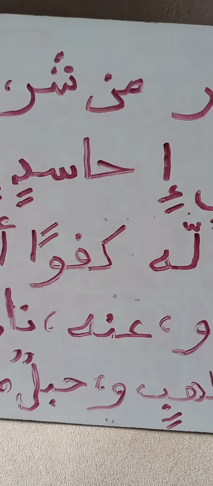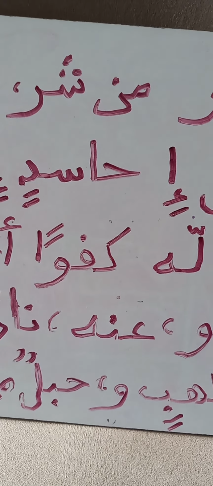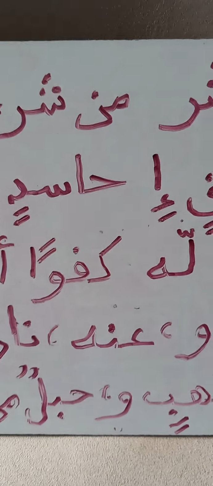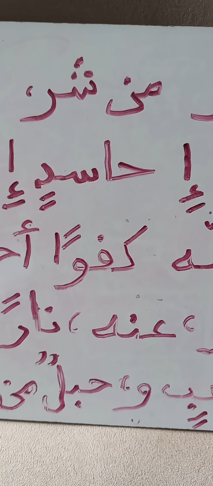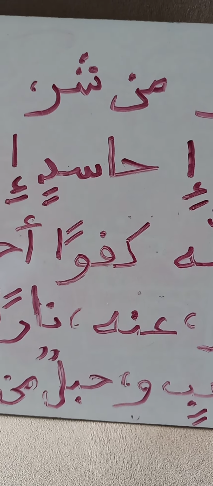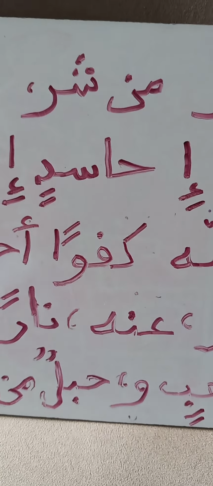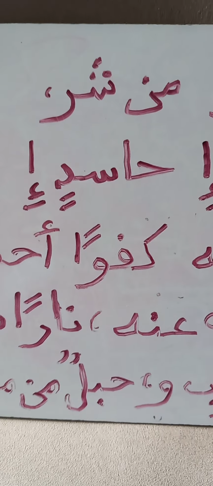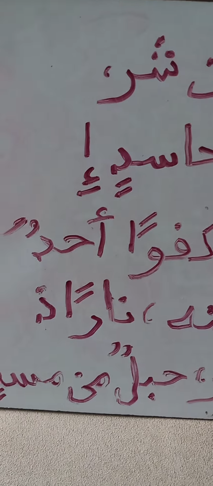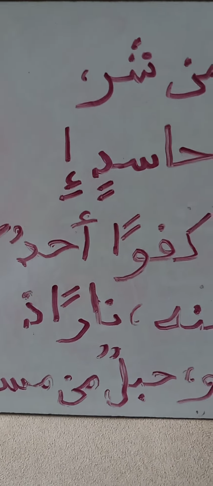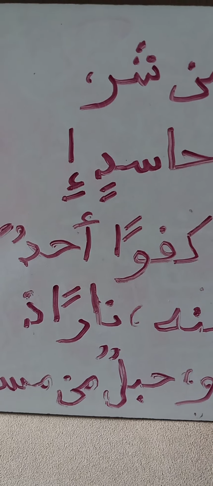The next category is iqlab. There's only 1 letter in that category. What letter is that? Ba, correct. Remember, it's very important that you understand that when a ba comes after a nun sakin or a tanween, it's a combination of the sound of the ba and a little meem.